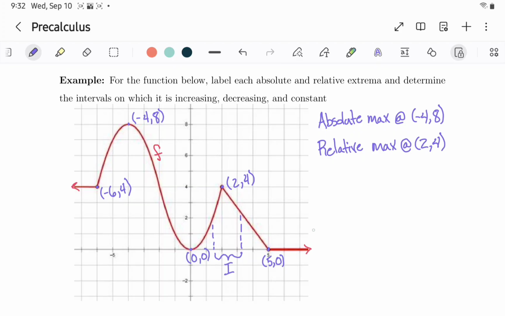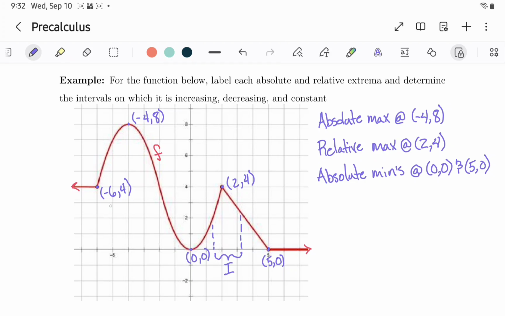So these are both going to be absolute minimums. So absolute mins at 0, 0, and, see if we can squeeze it in there, 5, 0.